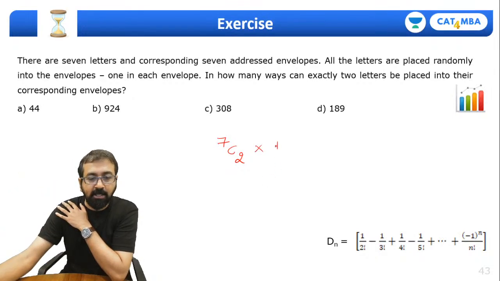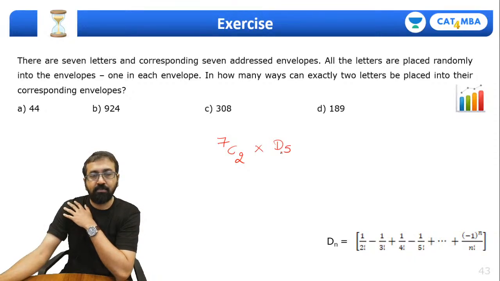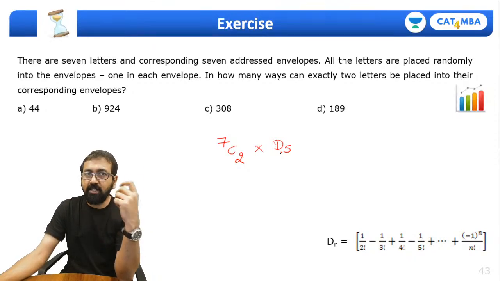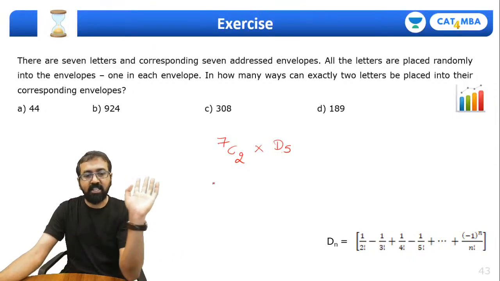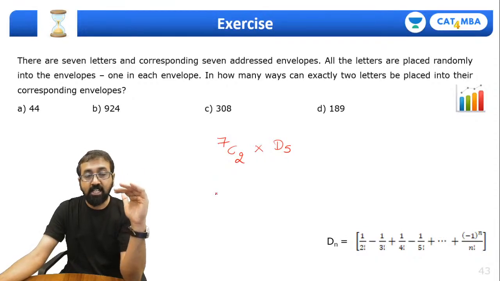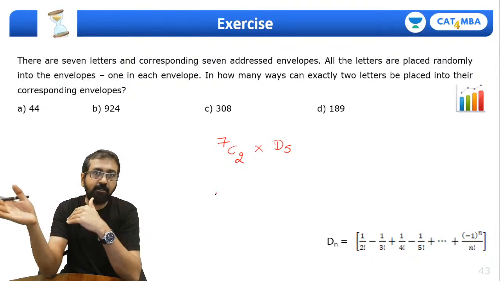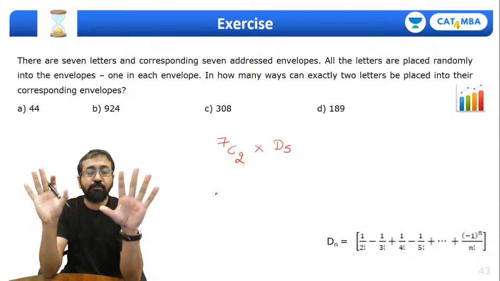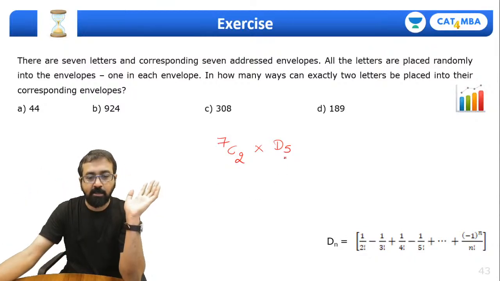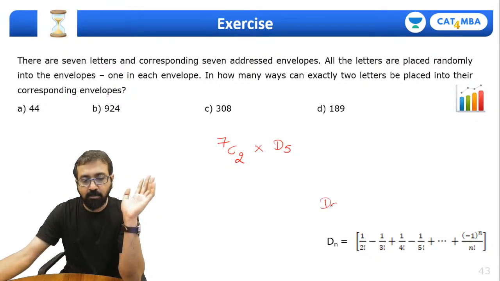So we need to multiply it by the dearrangement of 5 letters. 2 letters I already took and put in their envelopes. That can be done in 7C2 ways. And now I need to place the remaining 5 letters completely in an incorrect manner in the envelopes. That's called complete dearrangement of 5 letters, right? So that can be done in D5 ways.